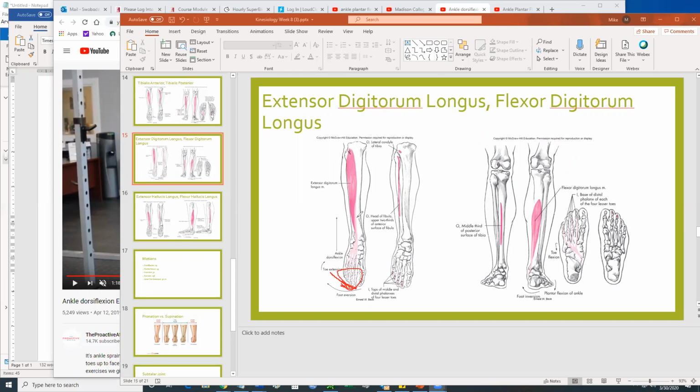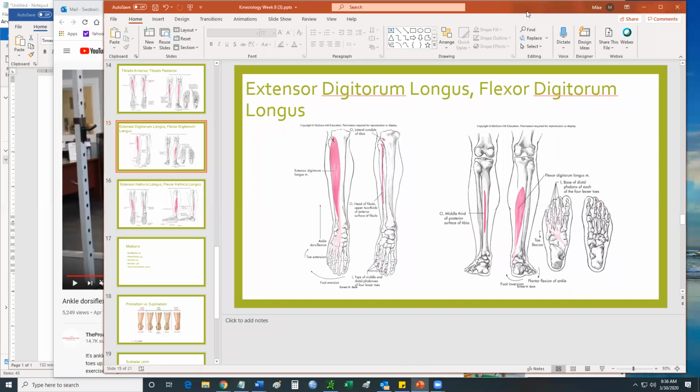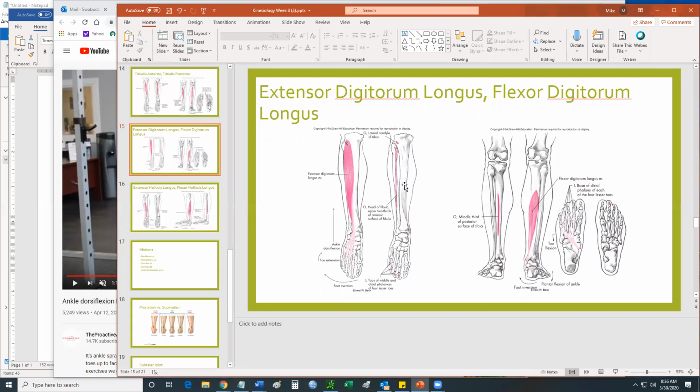It can't move them unless it inserts on them. So that's the main key points I wanted to drive home today, was just pairing up the actual motions of the foot and ankle to the muscles moving them.